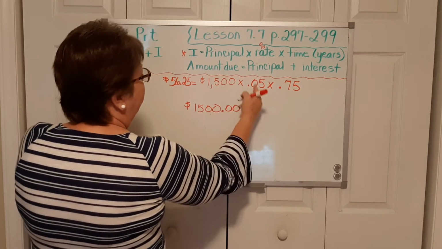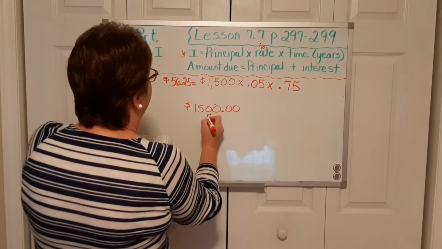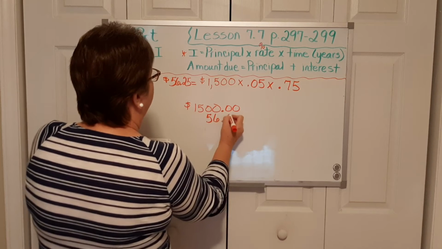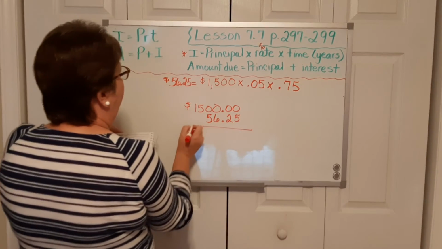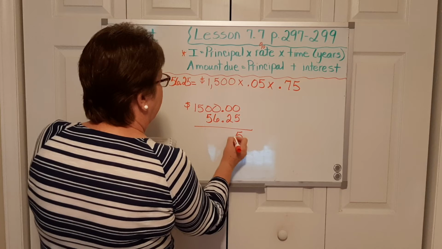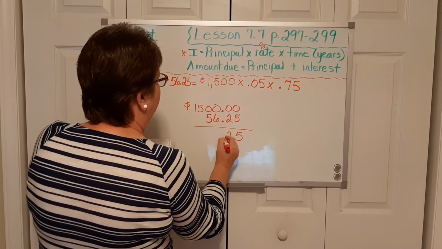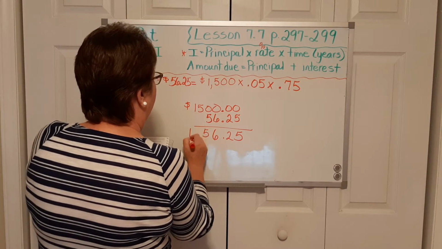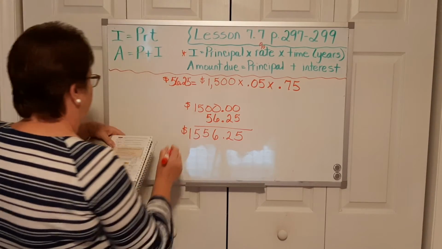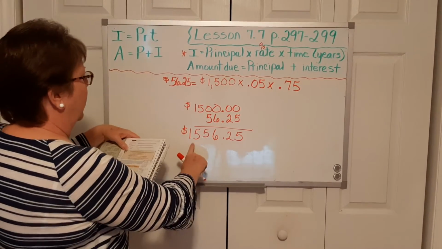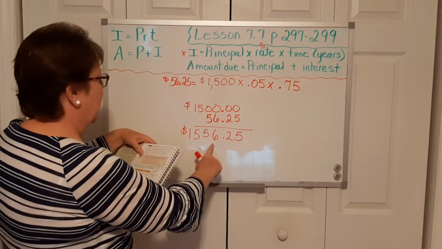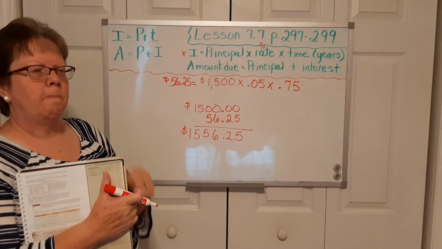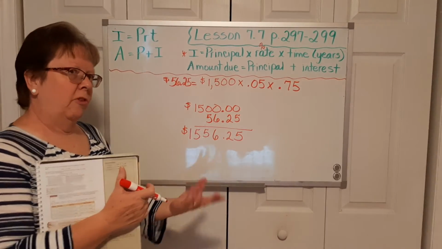And then we've got to add $56.25 to that. And that will give us the amount. So that's how much money they'll end up getting back: $1,556.25.